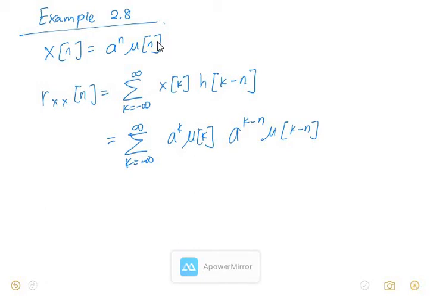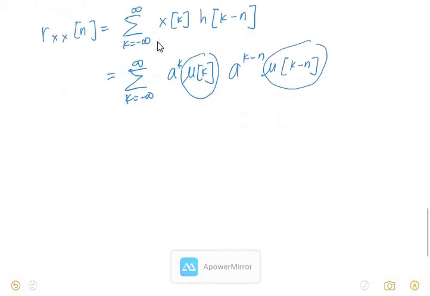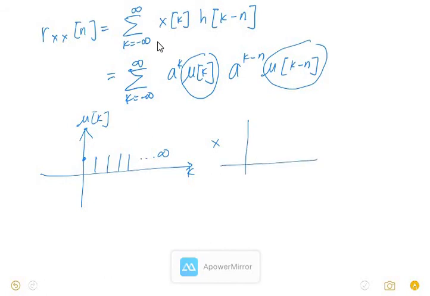Next, you can plot these two graphs in order to get the limits of the signal. You plot u[k]. u[k] means that the signal is from 0 to infinity. Then you multiply with u[k minus n], which means that the signal is from n to infinity.